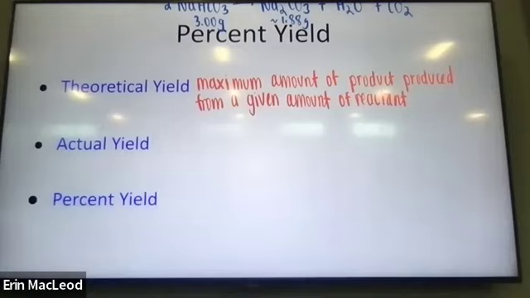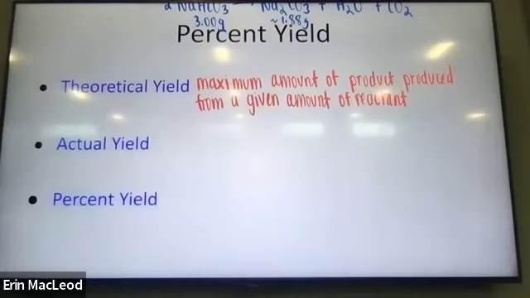Okay? You measured out your 3 grams of baking soda yesterday, and it should have made about 1.9 grams of sodium carbonate. And again, you have slightly different numbers because you all measured out slightly different starting amounts, but pretty much it's 3 grams to 1.9 grams. Okay?